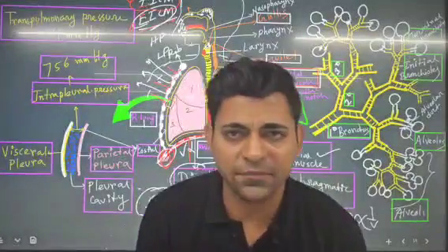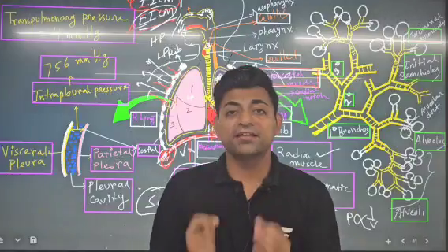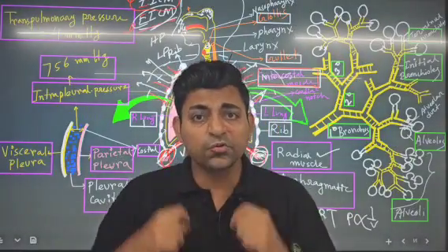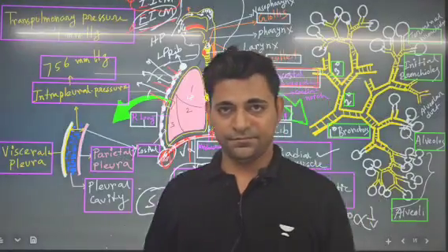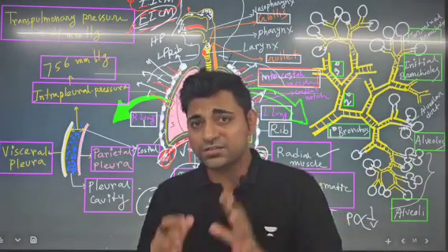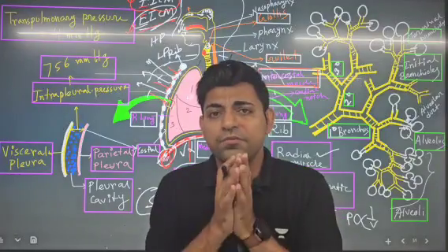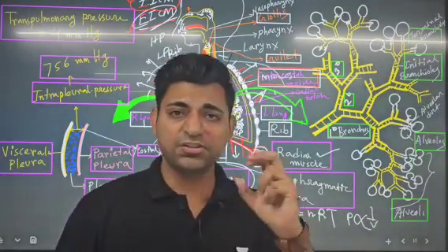Do you know that there are 1500 miles of airways running inside our body, into our lungs, into our respiratory system? If you see our lungs, both lungs are made up of nearly 300 to 500 million tiny balloon-like structures, like a bunch of grapes.